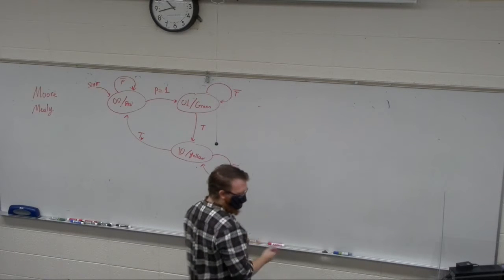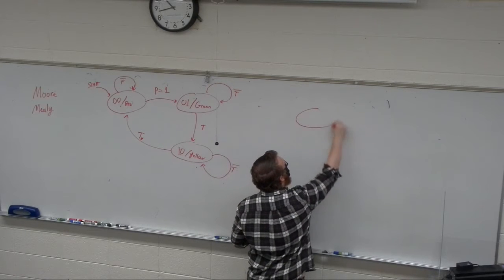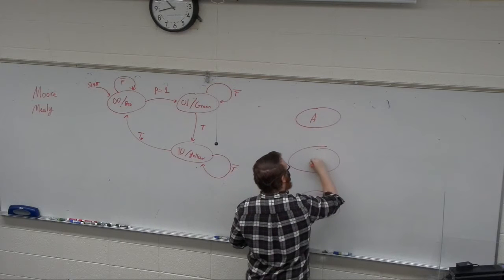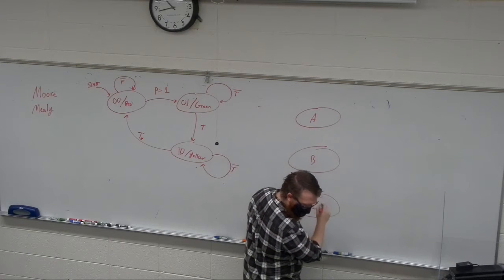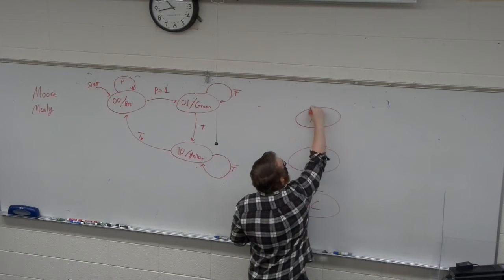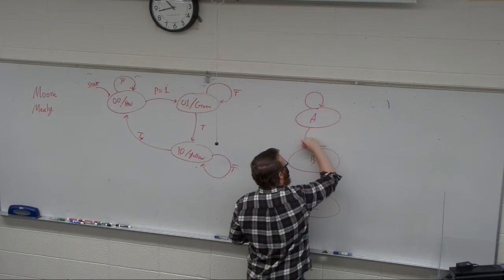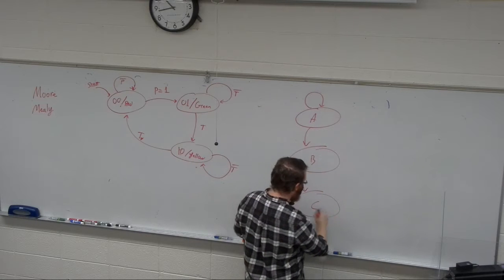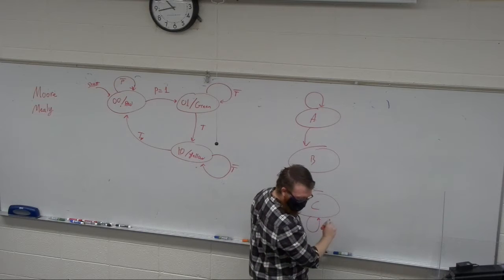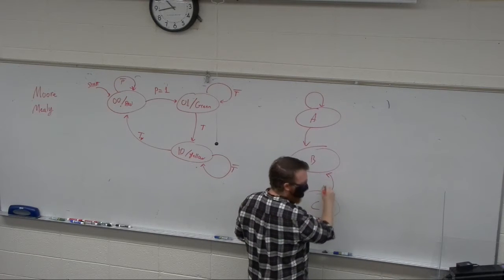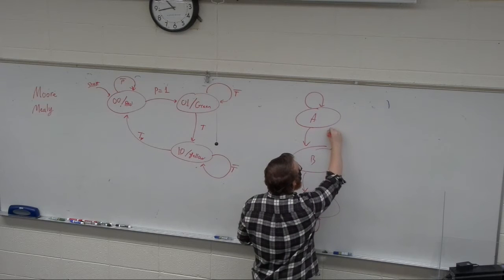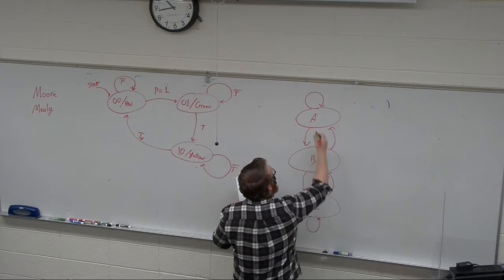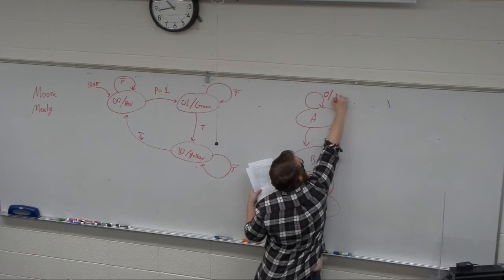So the book gives this example where it's just kind of a generic A, B, C. It has a loop back, it has a transition, has a loop back. All right, this is figure 14-1 if you just want to look it up soon. But I will draw it in its entirety.